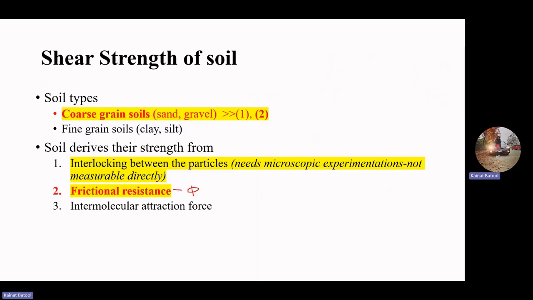Now, we had said that we will not be considering the first one because it's a microscopic property. So, for coarse grain soils, the shear strength would be coming only from the phi point, right? So when it's only coming from the frictional resistance, we can call them phi soils, or frictional soils, or cohesionless soils.